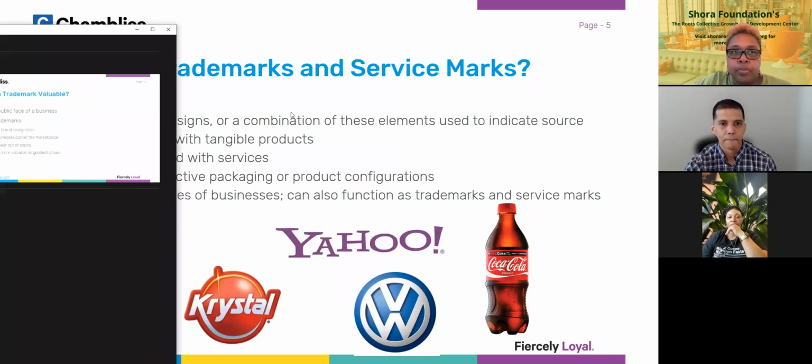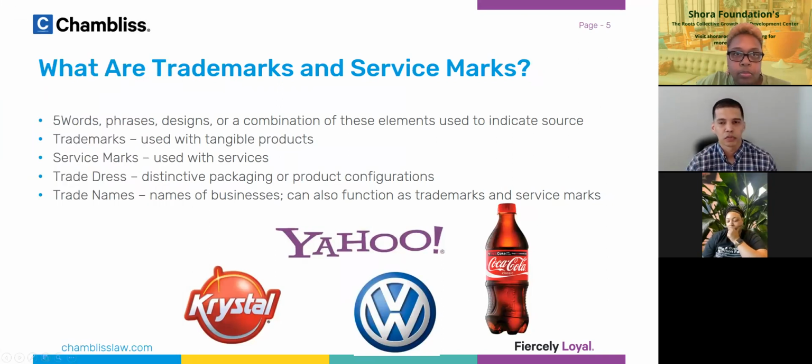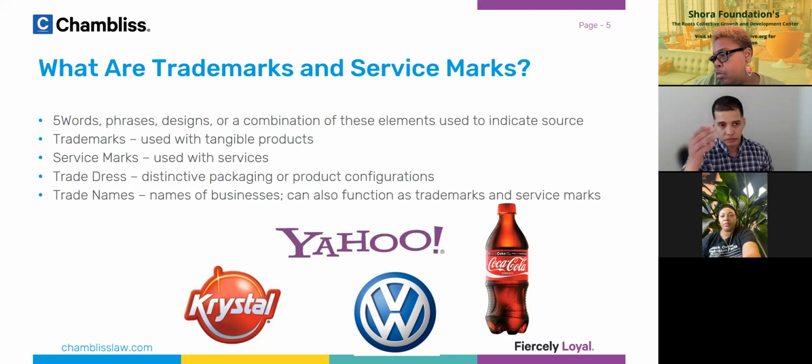Most inventors, most companies, and frankly most individuals are going to run across trademarks more than patent or even copyright. So I wanted to start off with trademarks, since that is probably where a lot of the questions are going to come from.